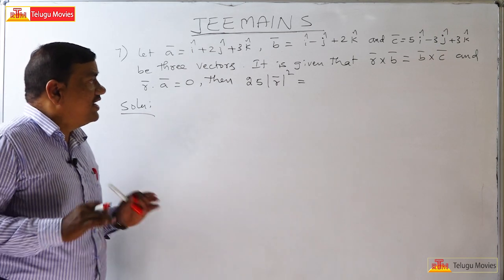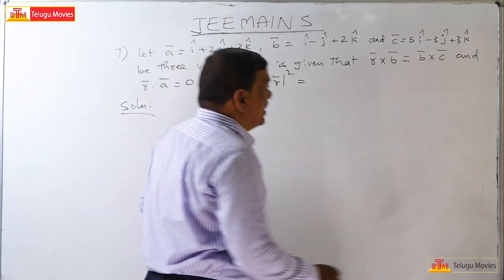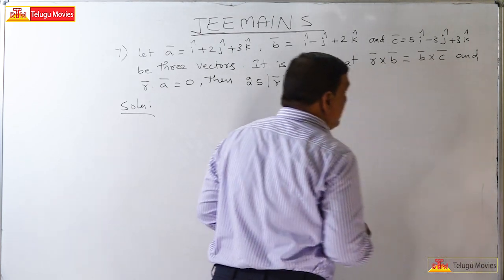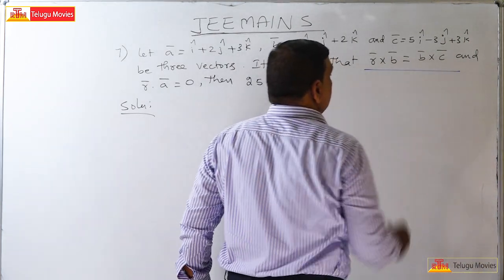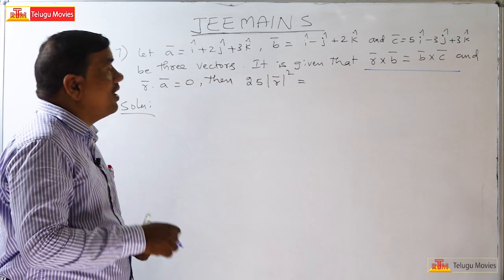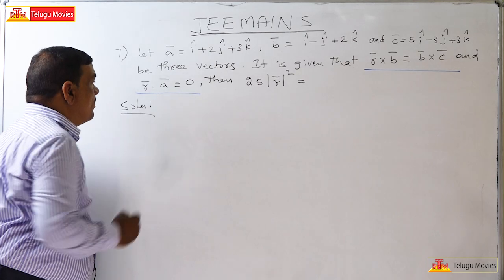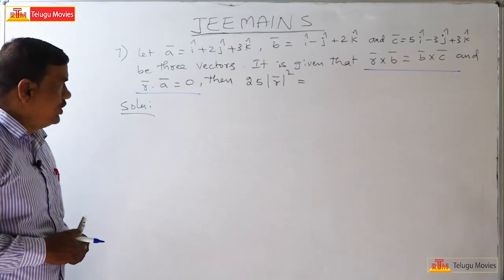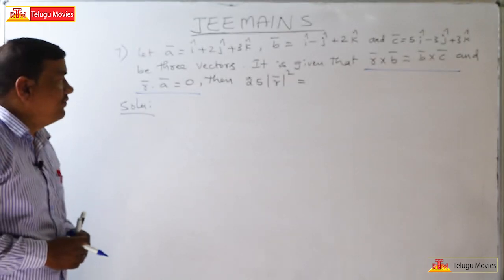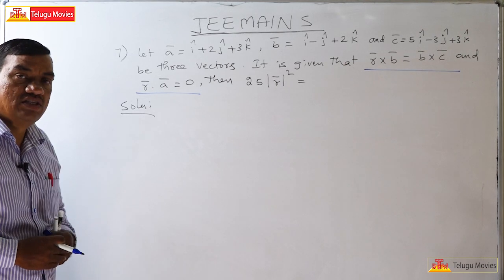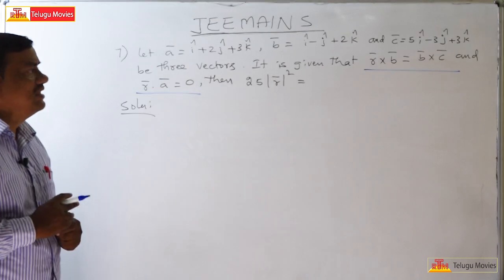What is the condition given? R bar cross b bar is equal to b bar cross c bar, and r bar dot a bar is equal to 0. Then find 25 modulus of r bar whole square.